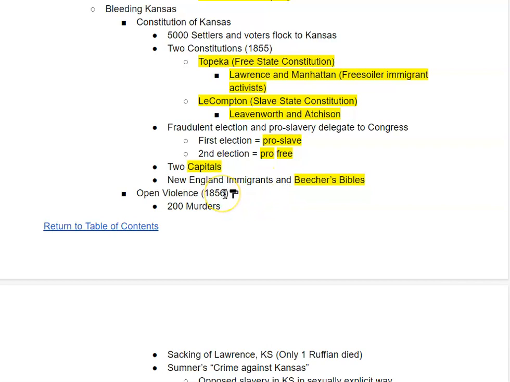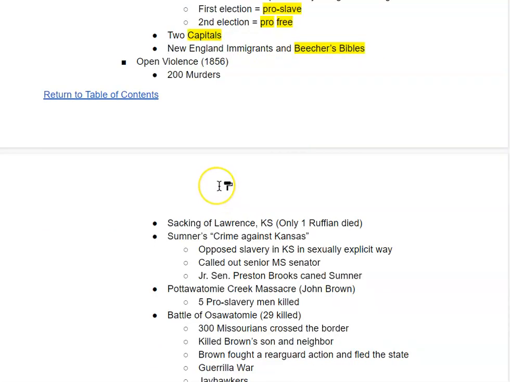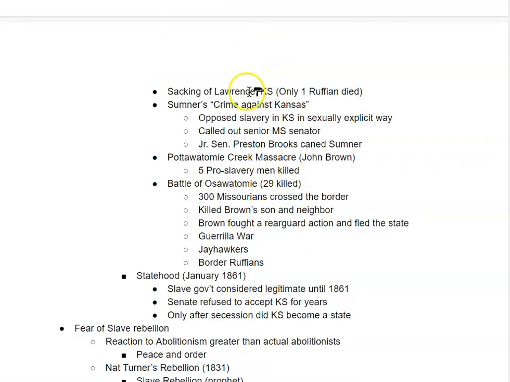Starting in 1856, you had this period of open violence where there were over 200 political murders in a state of under 100,000 people. You also saw many Missourians cross the border in the sacking of Lawrence, Kansas.